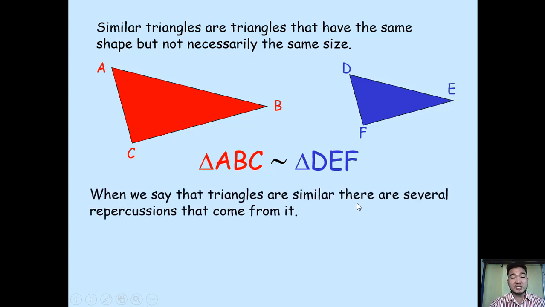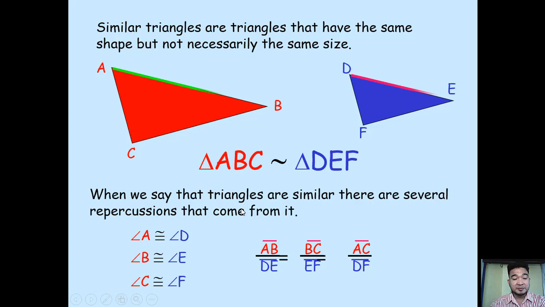When we say that triangles are similar, there are several consequences that come from it. Angle A is congruent to angle D. Then angle B is congruent to angle E. Then angle C is congruent to angle F. Then, since these two are similar, we may say that line segment AB over line segment DE is equal to BC over EF, equal to AC over DF.